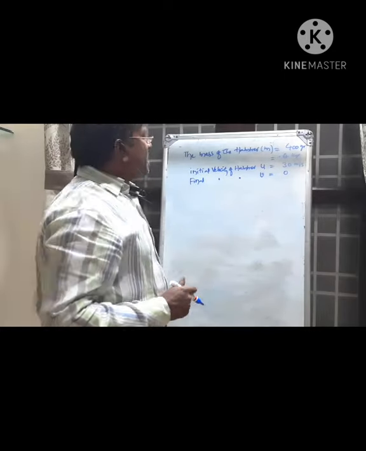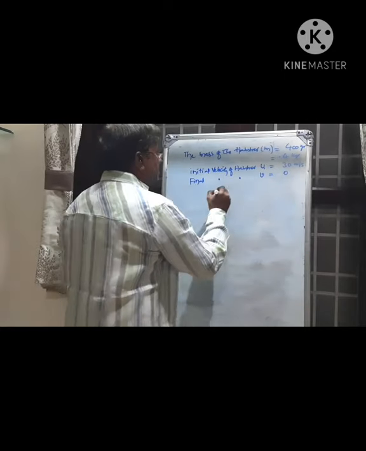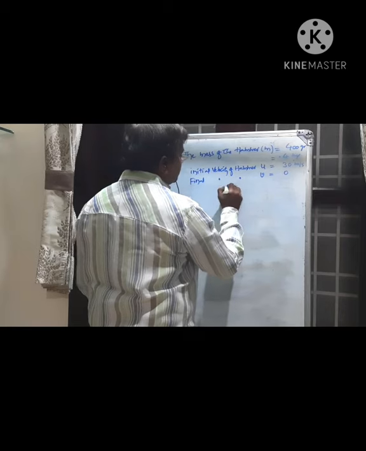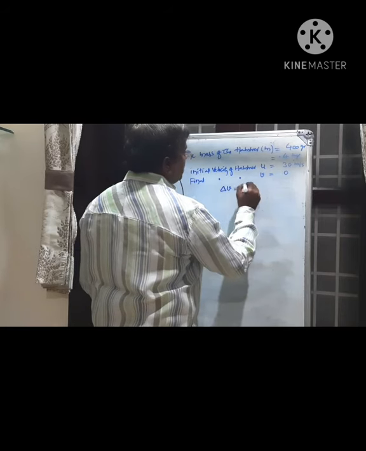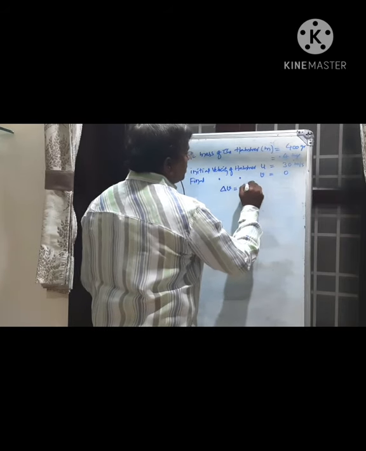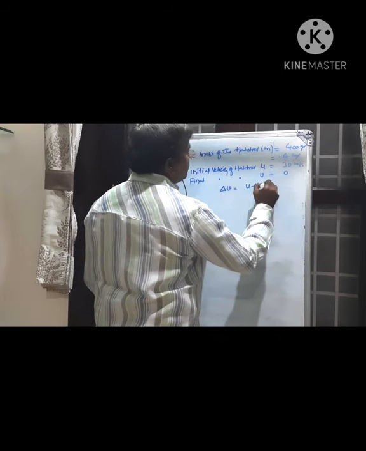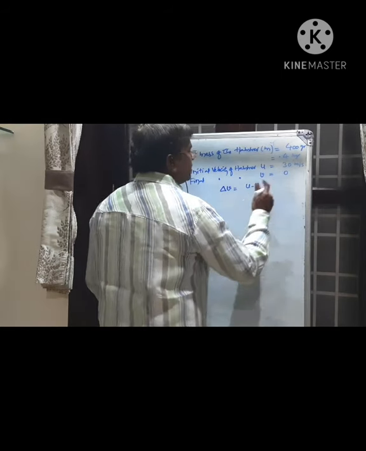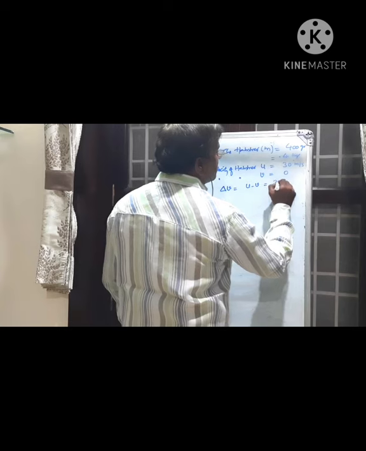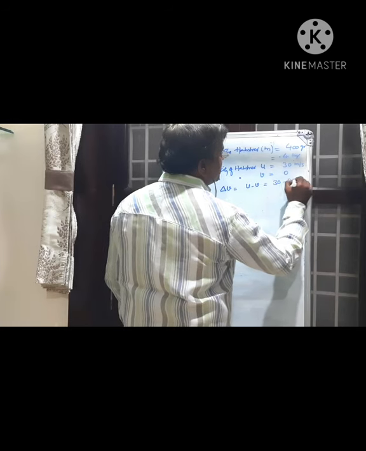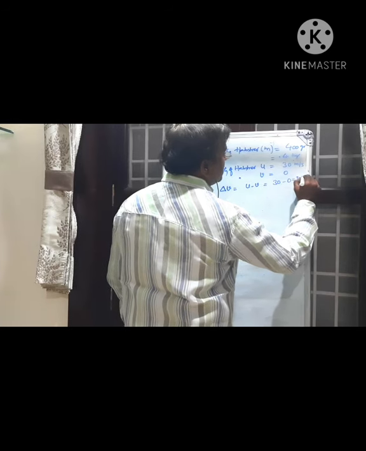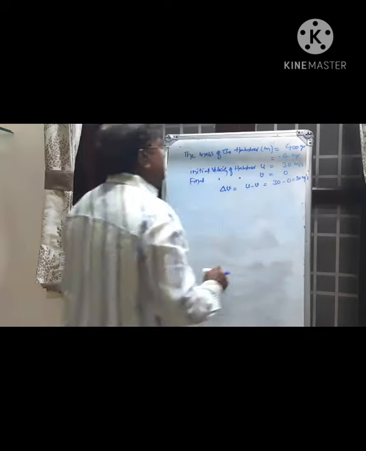Then what would be the change in the velocity? That is delta v. Delta v is equal to u minus v, that is the change. It is equal to 30 minus 0, which is 30 meters per second.